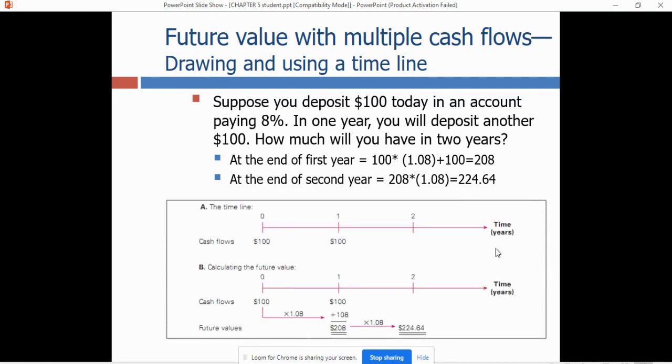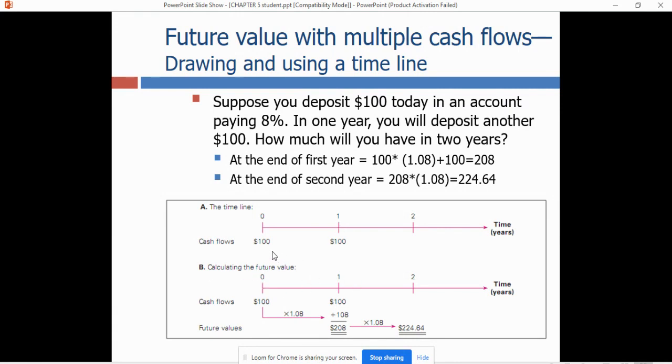So this is the timeline to show you the beginning of year one, and this is the beginning of year two. All right, so this one you can say end of year one or beginning of year two, right?